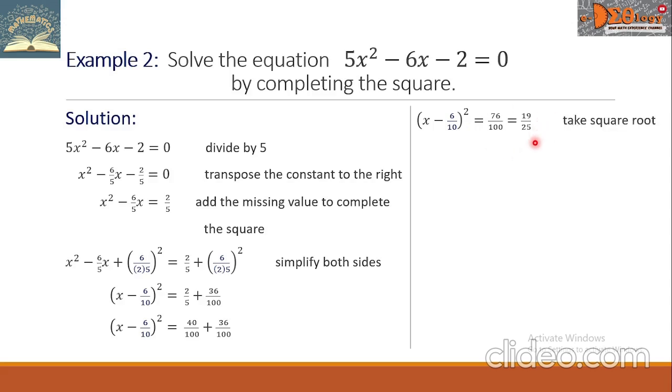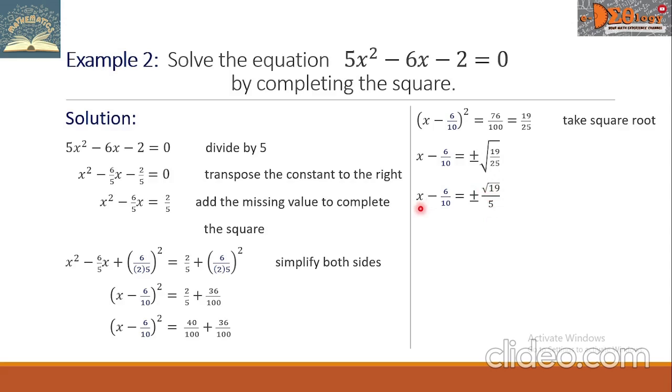Now we take the square root of both sides. The left side becomes x minus 6 over 10 equals plus or minus the square root of the fraction 19 over 25. And we can simplify this square root of 19 over 25 as square root of 19 over 5.